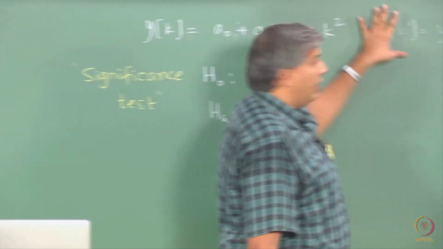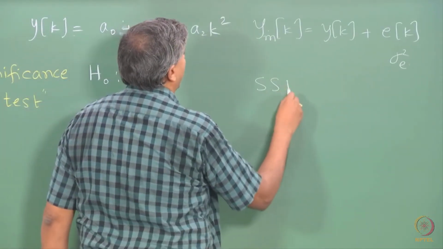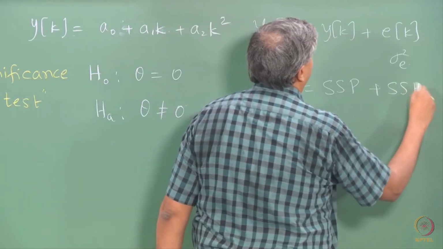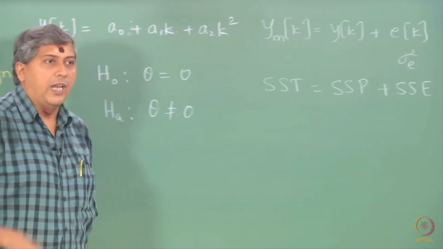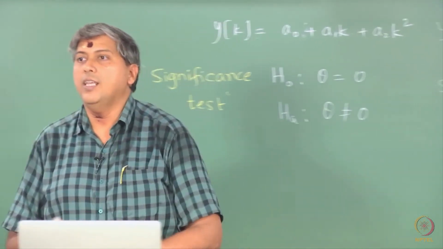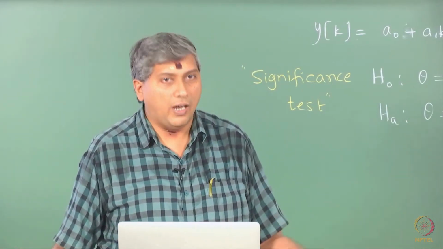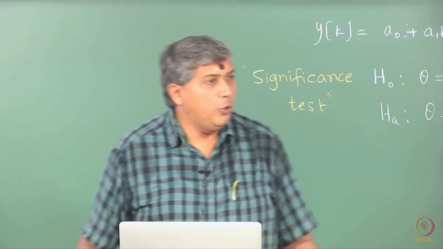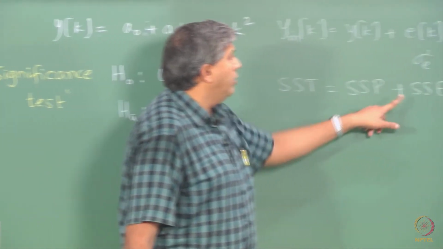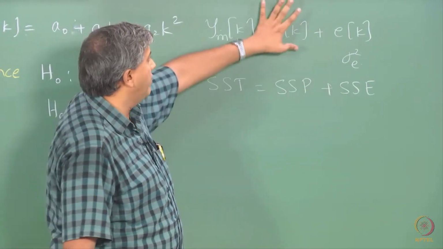So, remember we did this earlier, yesterday we wrote this expression, sum square total is sum square predicted plus sum square error when you are using a least squares method. So, what we are doing here is we are asking if the regressors are just explaining the data by chance, and if they are doing that, then both these values should be theoretically identical.